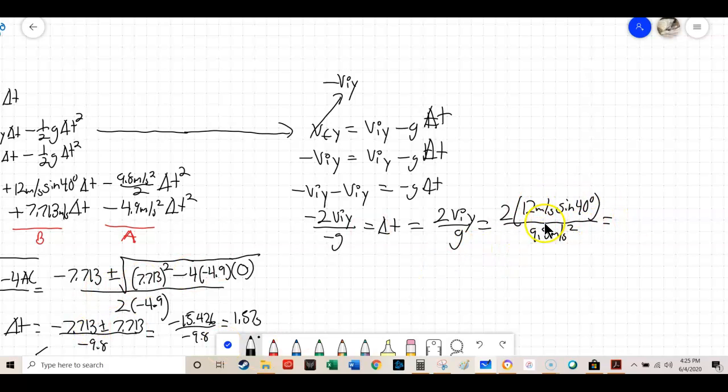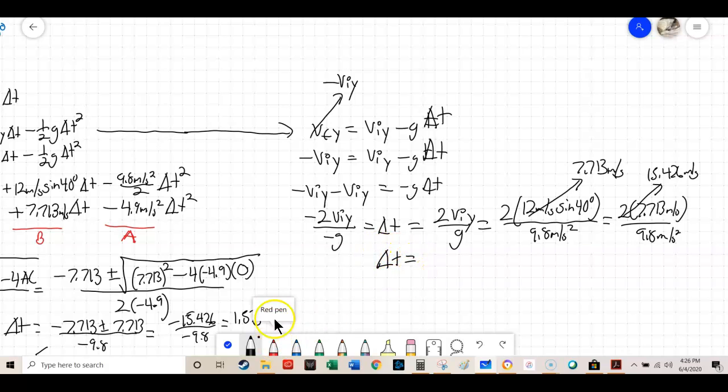We know this number right here is 7.713 meters per second. Well, this is 2 times that, correct? So this is going to be 2 times 7.713 meters per second over 9.8 meters per second squared. And we know that actually is 15.426 meters per second. So this delta t is the same thing as this one over here. It's 1.57 seconds. Okay?